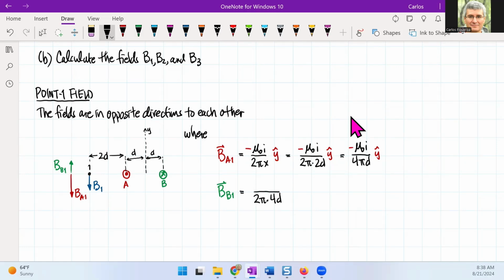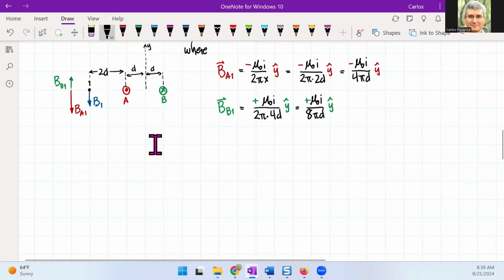In this case, we still have this here, but the difference is that this is in the positive direction. And so if we write this out, this will then be μ₀I over 8πd in the positive y direction.